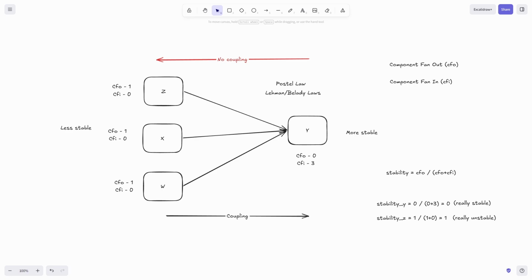I will not address them, but just for your curiosity, an example of one Lehman law is called familiarity conservation, which pretty much means that the content of a system should be maintained at a level that is familiar to everyone involved in the system.